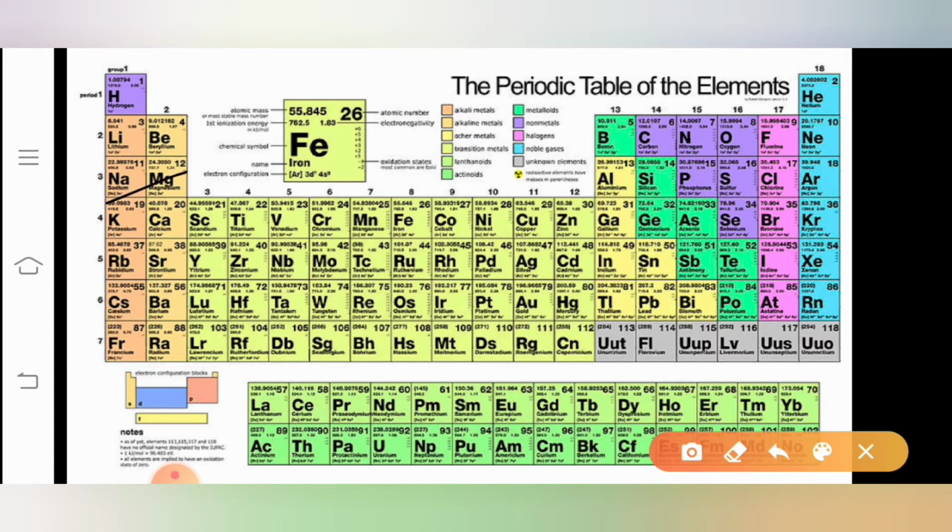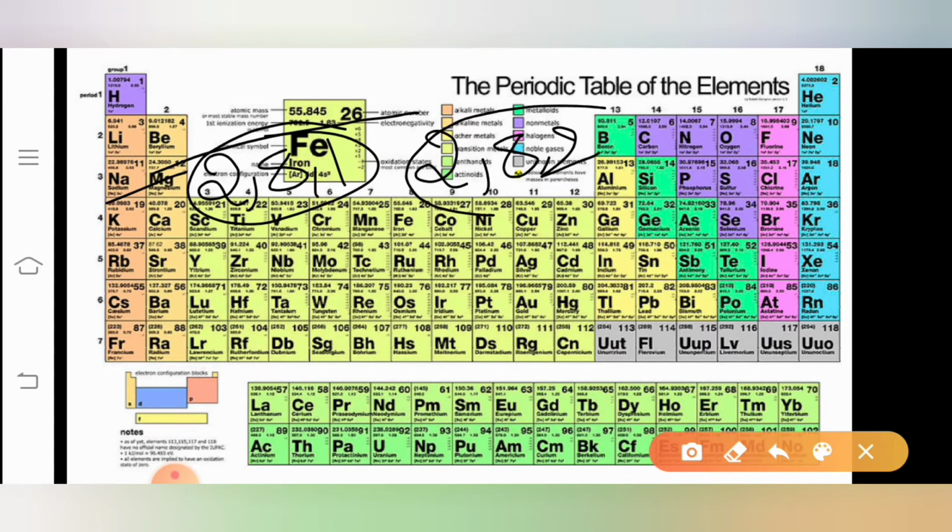If you look at sodium, its electronic configuration is 2, 8, 1, right, because it is 11, followed by magnesium, which is 2, 8, 2. Correct. Now if you add this totally, you get how much? 12. And if you add this, you will get 11. Now just tell me which has to come first and which has to come next.